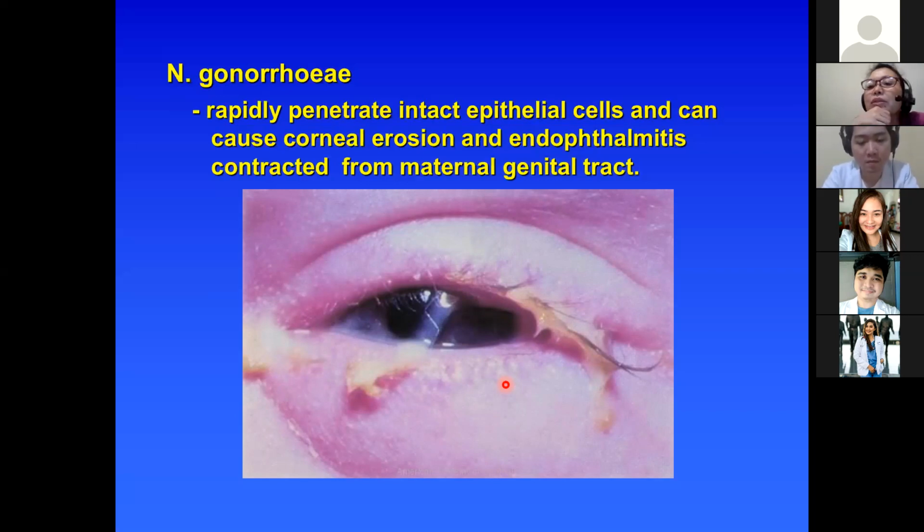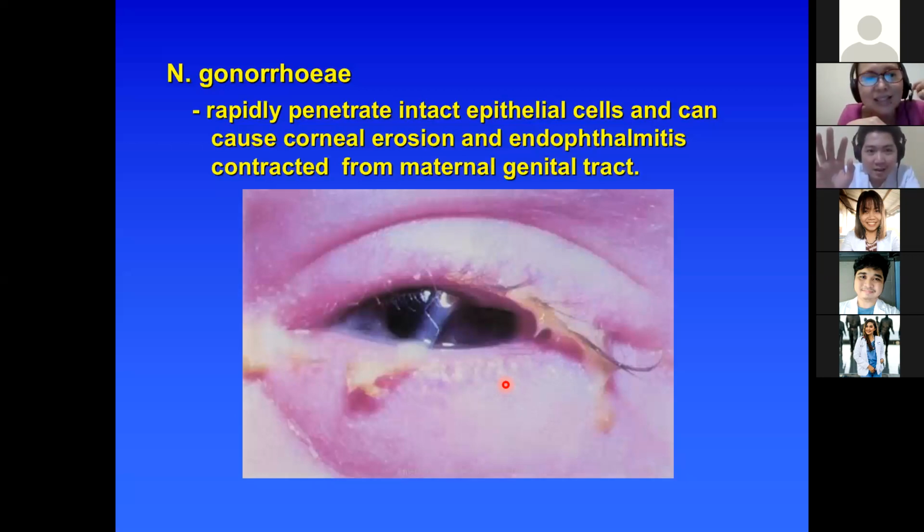Usually, Chlamydia. This is the hallmark of your Neisseria gonorrhoeae.